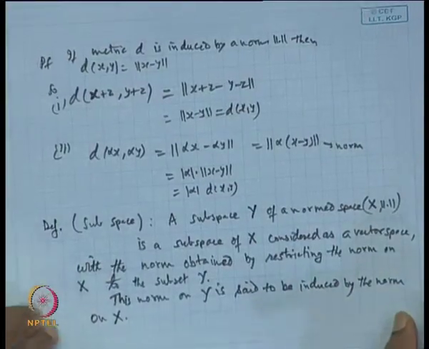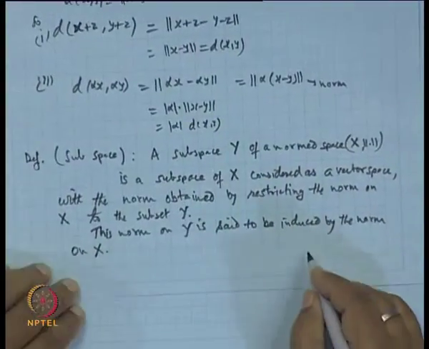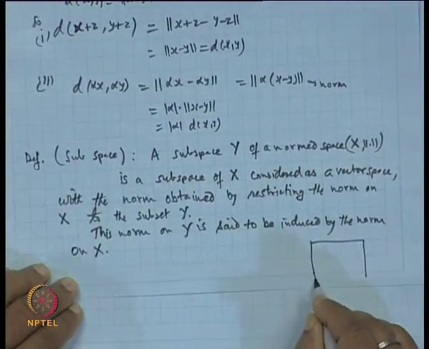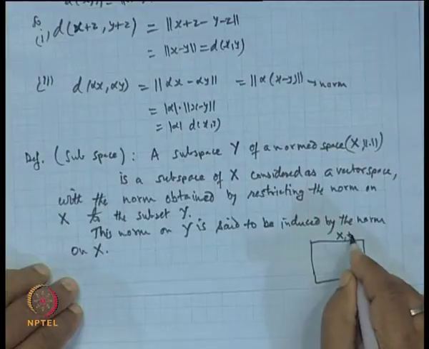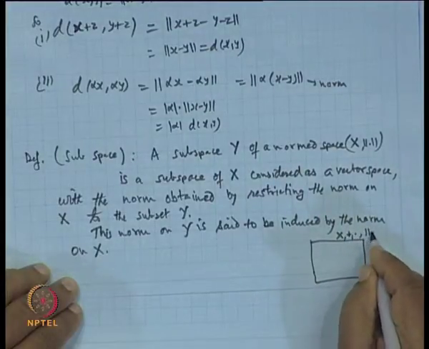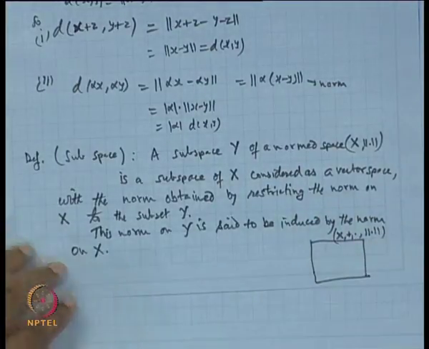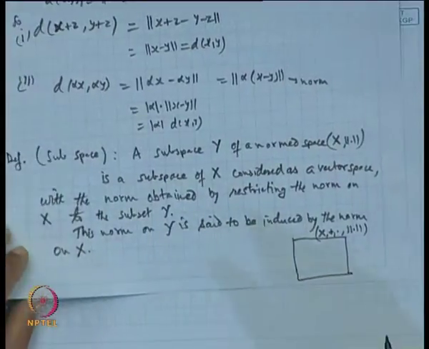The subspace of a norm space means: if X is a vector space and a notion of norm is introduced, then X with norm is a norm space.